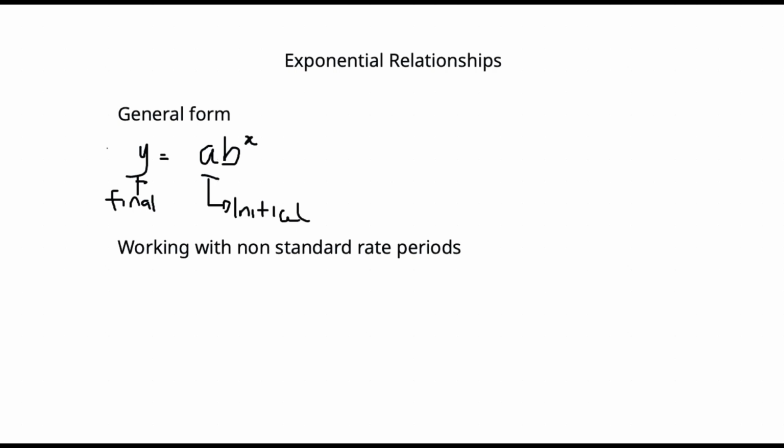In an exponential relationship, the initial value is multiplied by a certain value for every specific period of time. So let's say for every 10 years, your initial value increases by 3 times. So your 3 will be your b. This is the value by which the initial value is increased over a specific period of time.